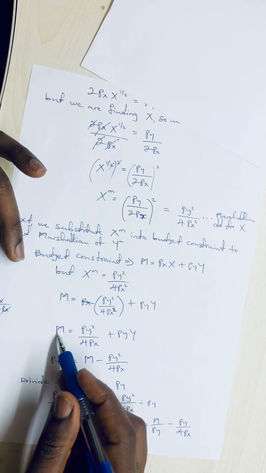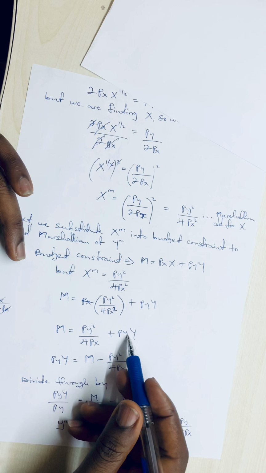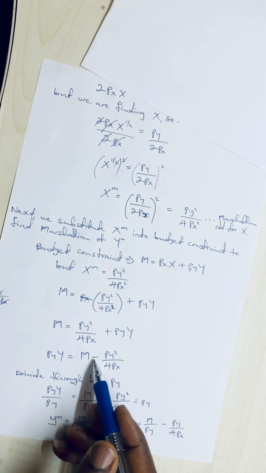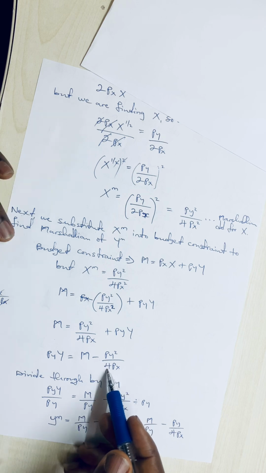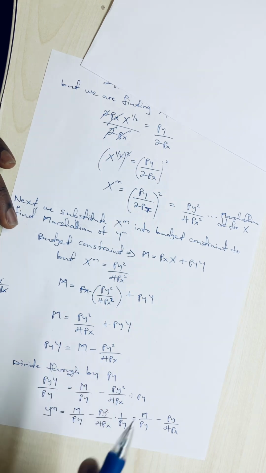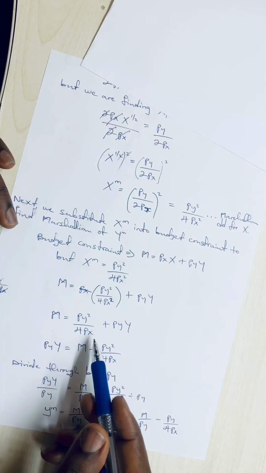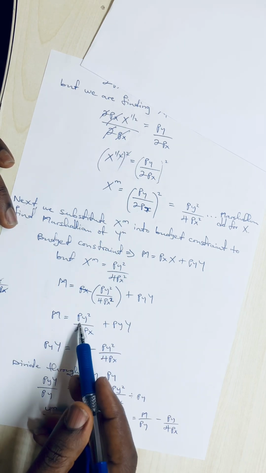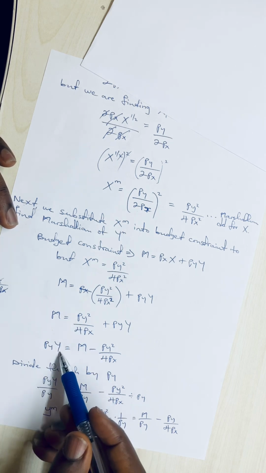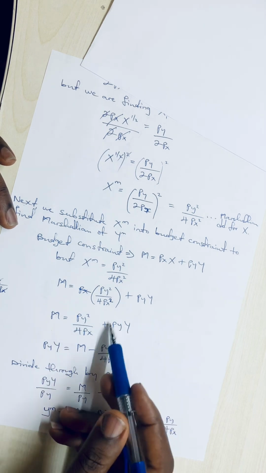So you have m equals py squared over 4px plus py y. So py y is equal to m minus py squared over 4px. We transpose this to the other side. If it goes to m, it becomes minus. So you have py y equals m minus this.